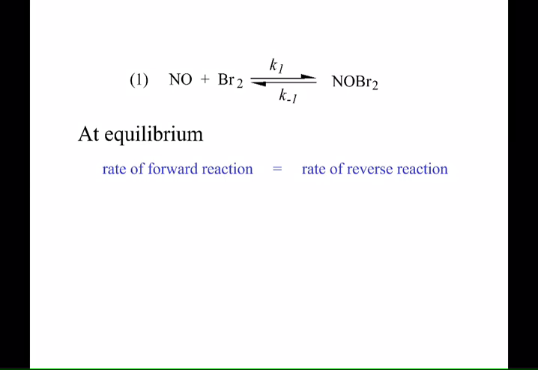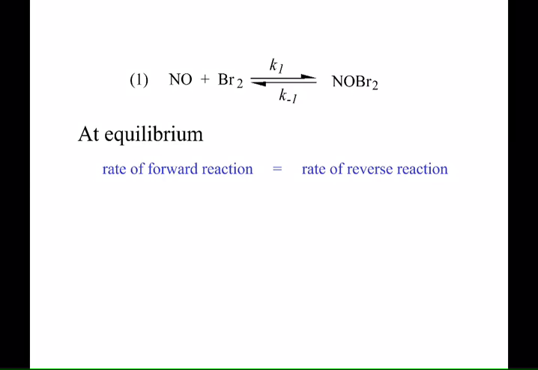It goes from left to right, and it goes from right back to left again. I think I'm going to do this right here. So NO plus Br2 goes this way to form NOBr2. I'm going to call this 1.